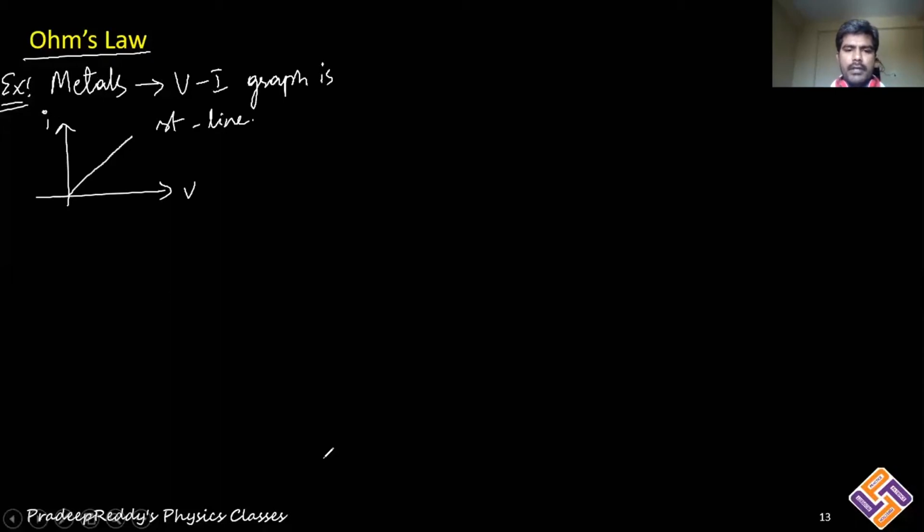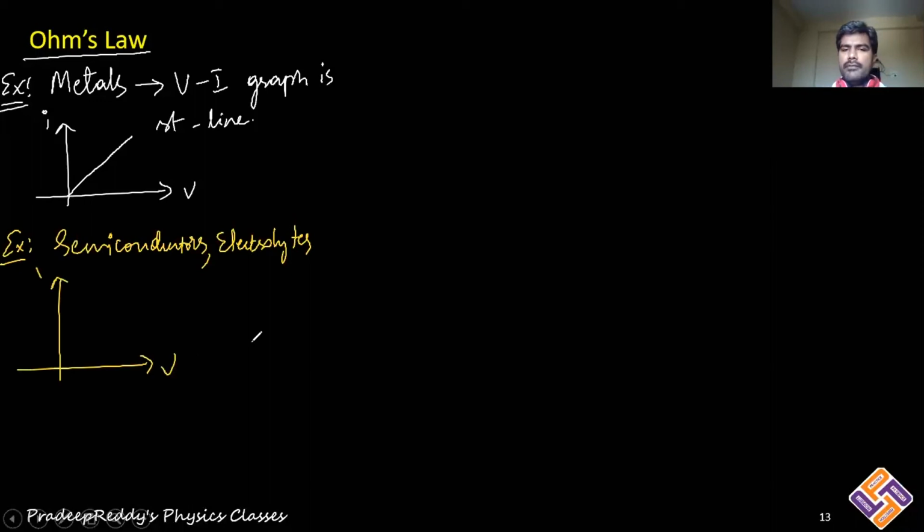But there are a few other materials, for example, semiconductors, electrolytes, alkaline earth metals. For these materials, if you plot the VI graph, voltage and current, you may not get a straight line. Of course, V is proportional to I here, and here also V is proportional to I, but it is not with constant slope.